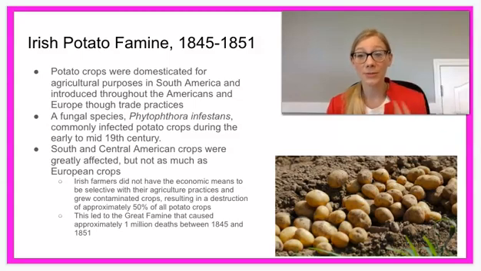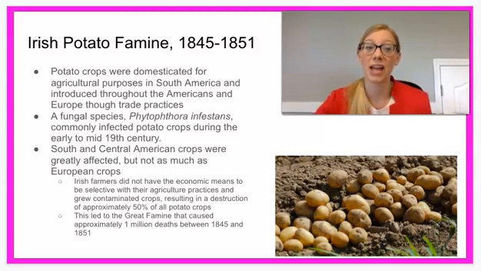So their crops get contaminated and it really destroys them. It's very destructive. It resulted in approximately 50% of all potato crops being non-usable, right? And so it leads to what we call the Great Famine, or the Irish potato famine, and it led to approximately 1 million deaths in that time, right? Because that crop became disease infected and it spread.